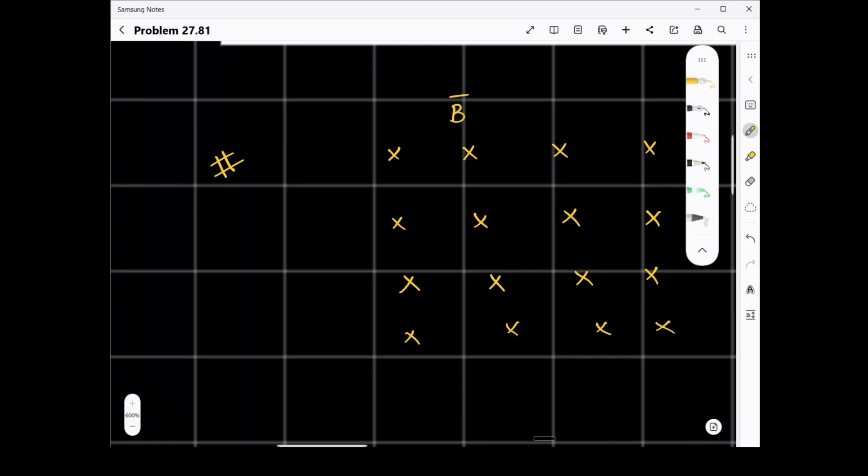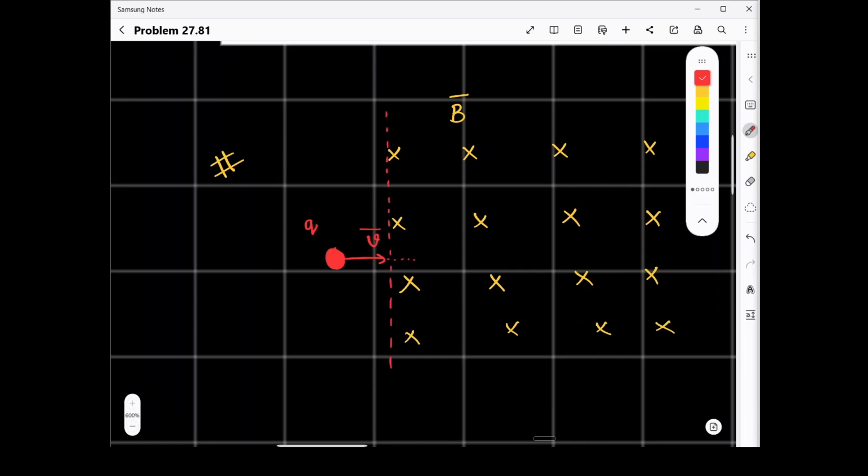Here's the B vector and a charged particle. Let's denote it by a new color. Here it is. A charged particle having a charge q and velocity v enters the magnetic field here.